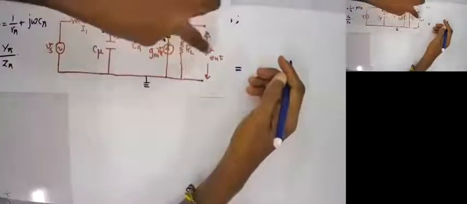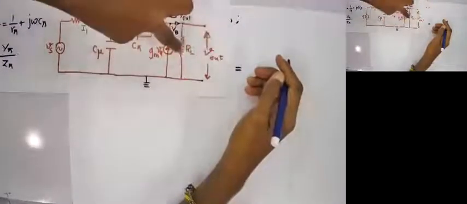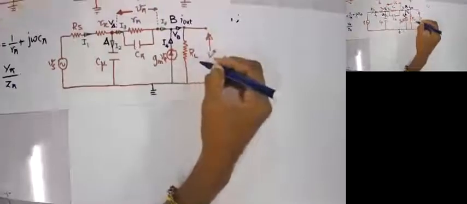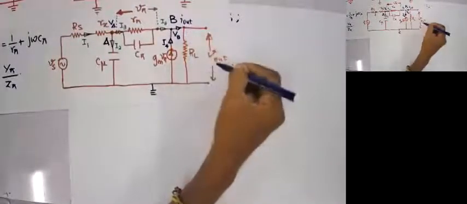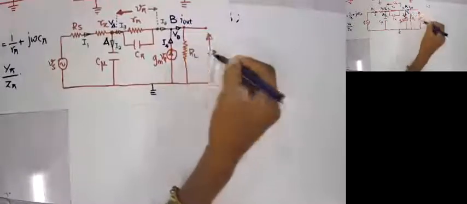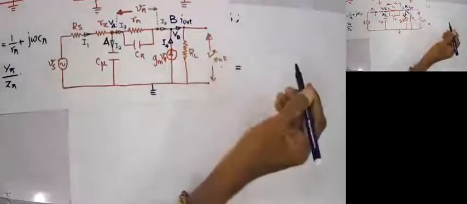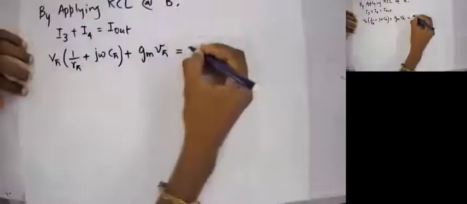I out will be simply V out divided by RL. Am I right? If I apply Ohm's law, I out will be the current through the load resistor. If it is V out, I out will be V out divided by RL.